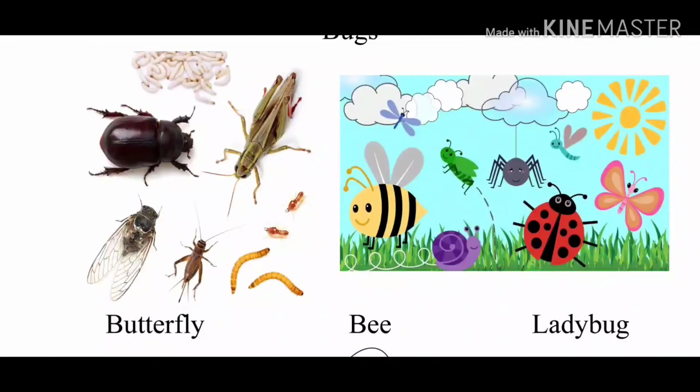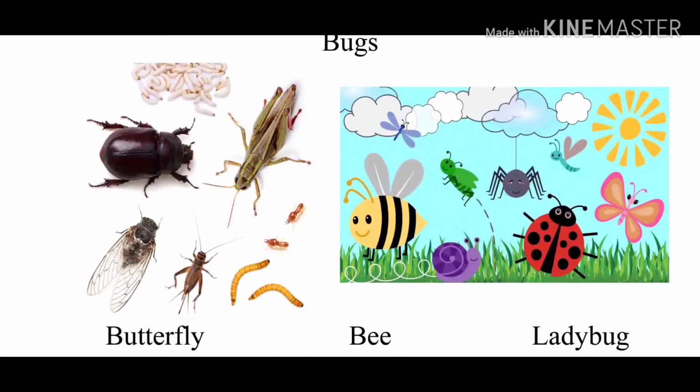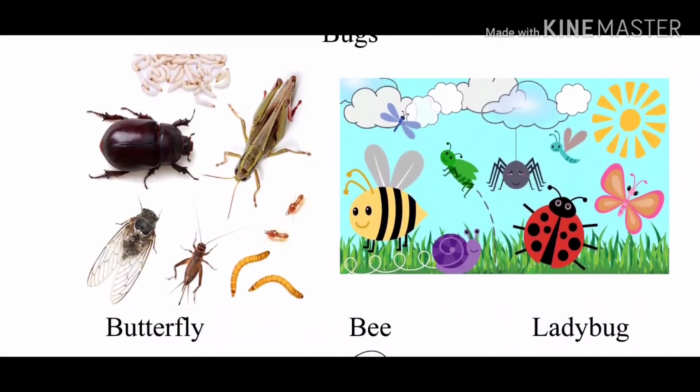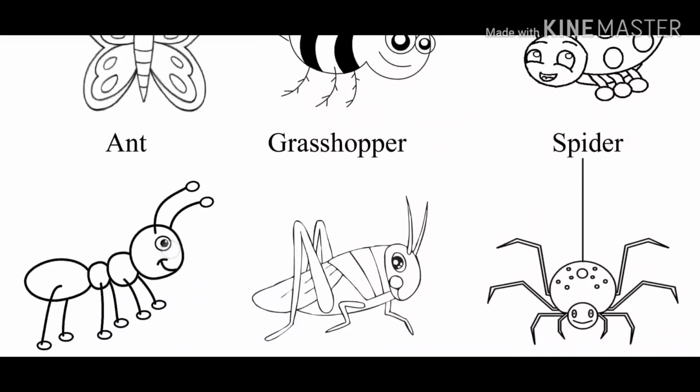Okay, for this next bug, we have to look over here. Okay, we have to look at this picture. This next bug is right here. Do you know what we call this bug? If you answered an ant, you're right. Good job.